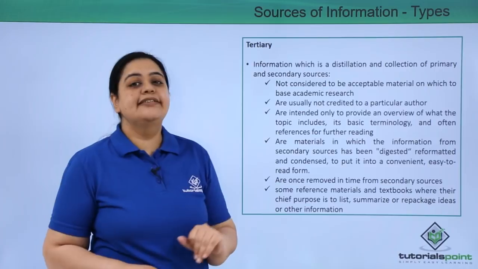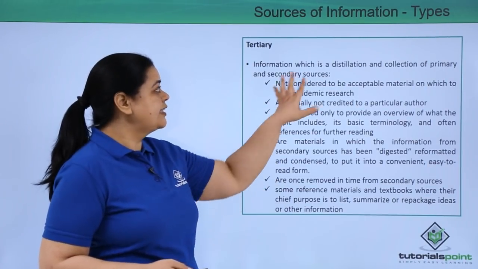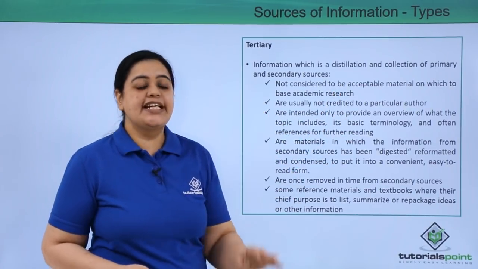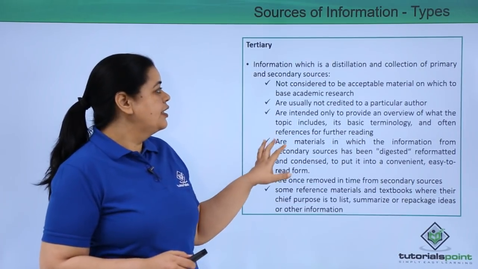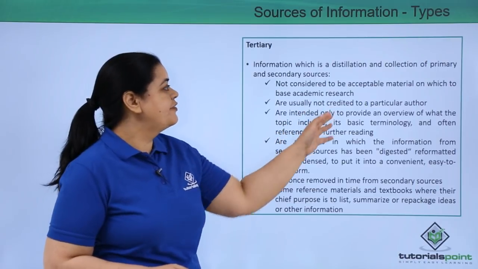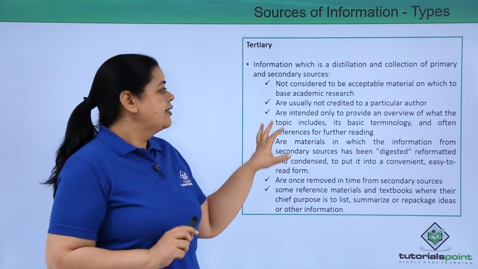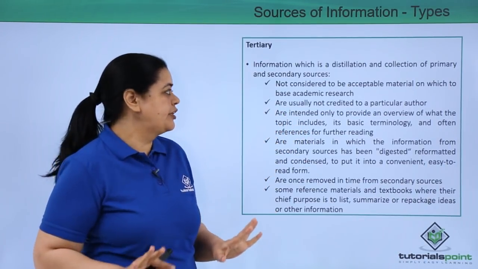Now let's consider the last source of information, that is tertiary information. See, tertiary information is information which is a distillation and collection of primary and secondary sources. So it is not considered to be an acceptable matter on which you can base your academic research as such. Generally, this kind of information is not credited to any particular author.